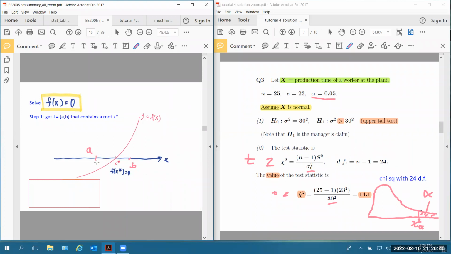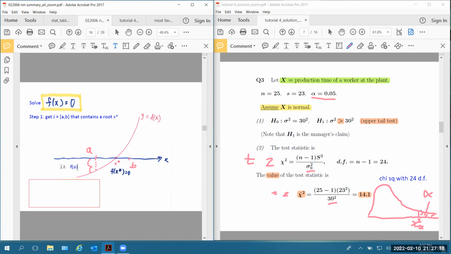Okay, let's look at the attributes of A and B. I see this one A, right? Let me put a dotted line here until it touches the graph. This distance here, from here to here, is actually called f(A). I mean, this is like the y coordinate, right?